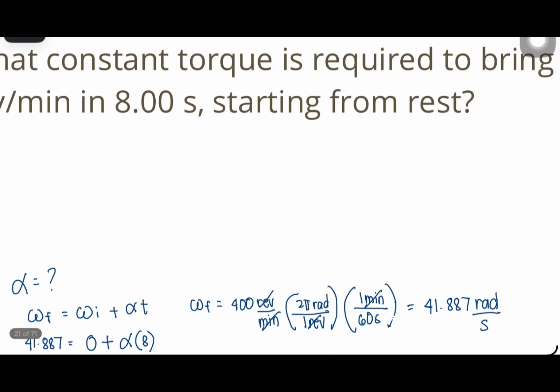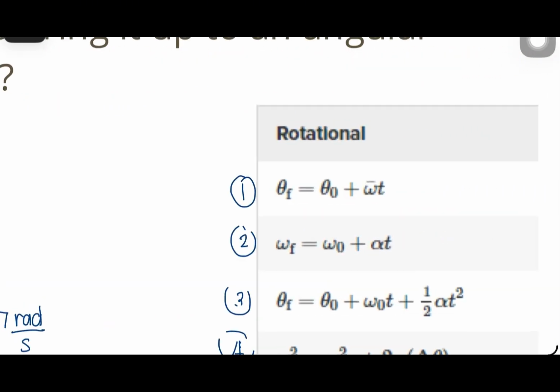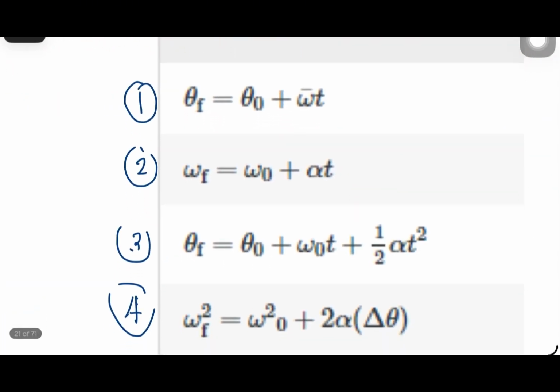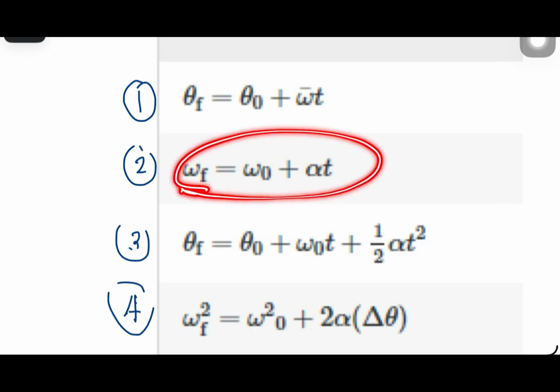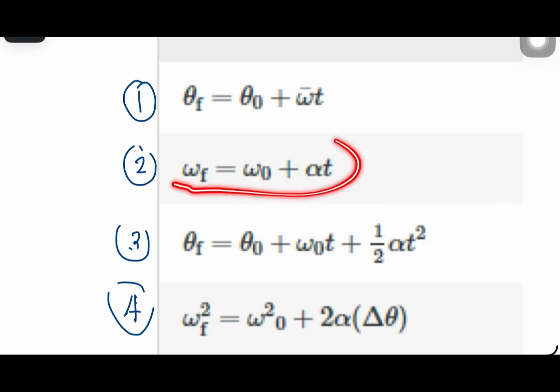So, balik tayo dun sa mga equation ng rotational kinematics. This time we have to just choose the appropriate equation kung saan magagamit natin yung 3 known variables, and at the same time, masasolve natin yung angular acceleration or alpha. So, ito yung nag-match kasi may tatlong known variables, si final, the initial, and the time.